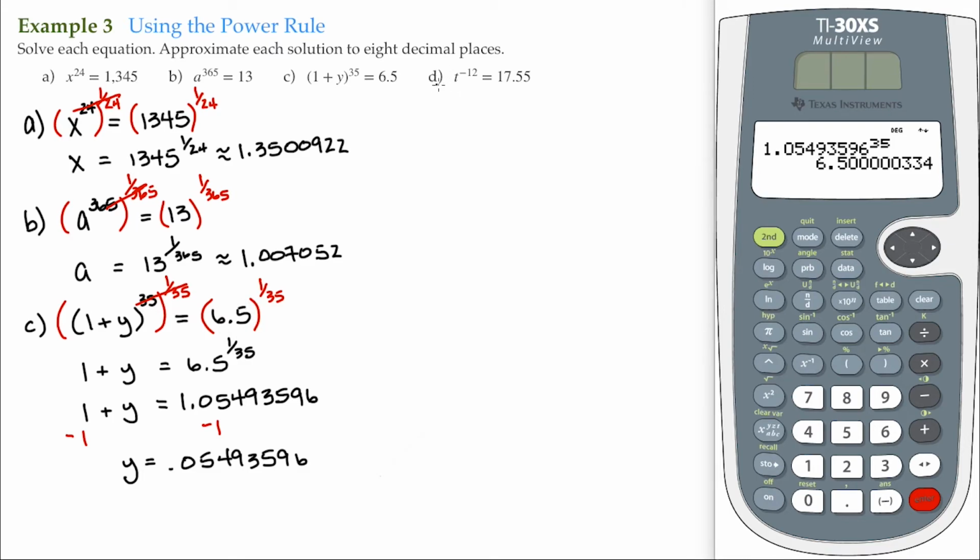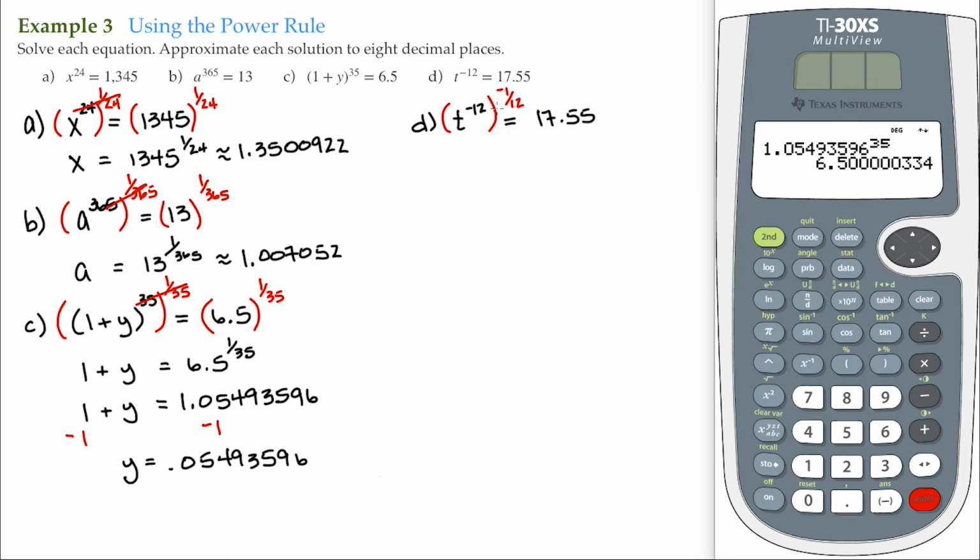And then finally for D, we have t to the negative 12 power. You can have an exponent that's negative. That's going to be equal to 17.55. Again, using the power rule for exponents, I'm going to raise this to the negative 1/12.